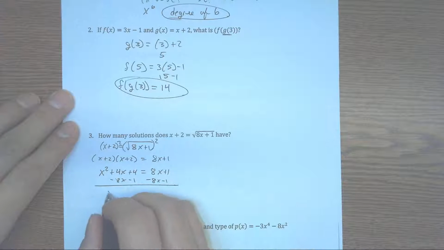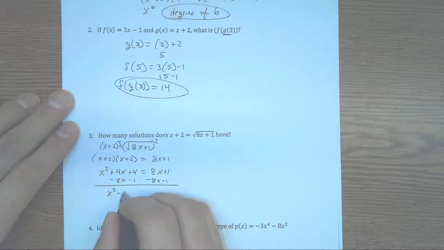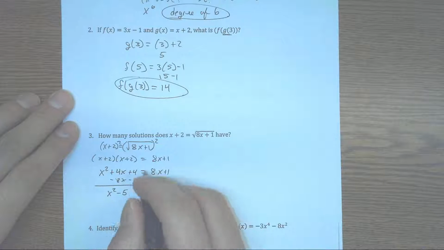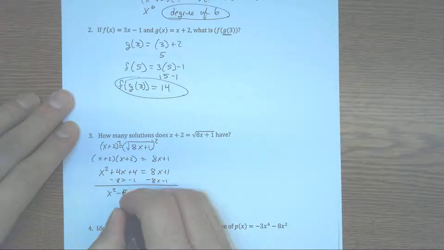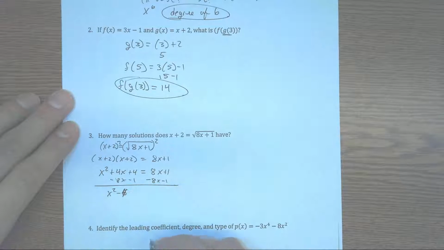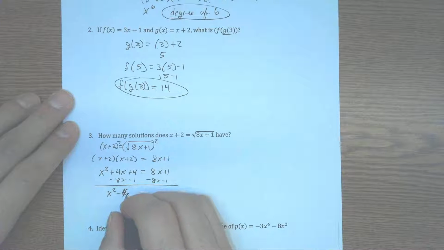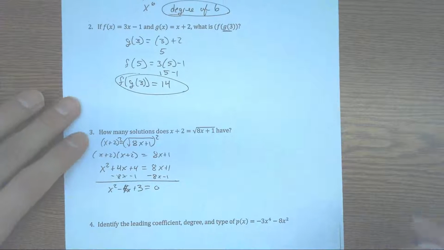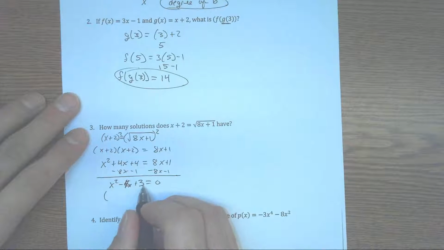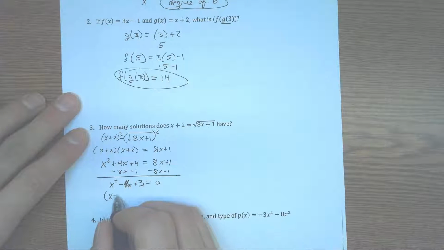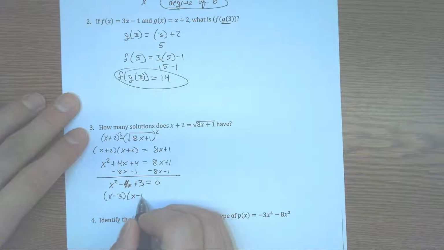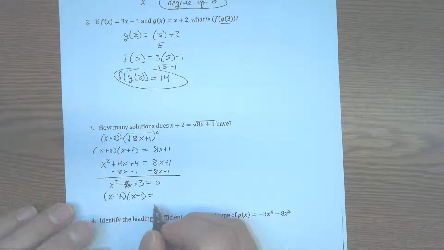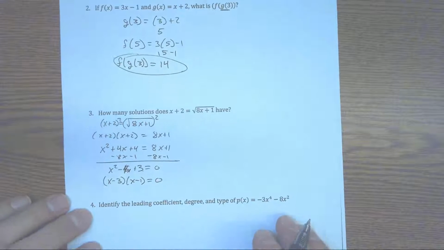Right, so what we get here is x squared minus 4x, not 5, 4x, plus 3 equals 0. Factors of 3 that add up to 4: x minus 3, x minus 1, all equals 0.